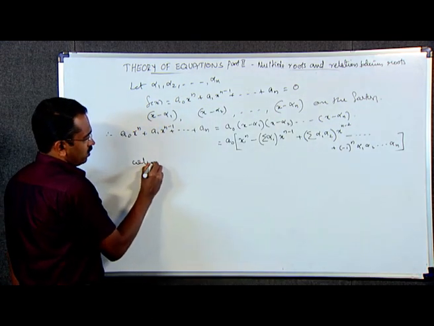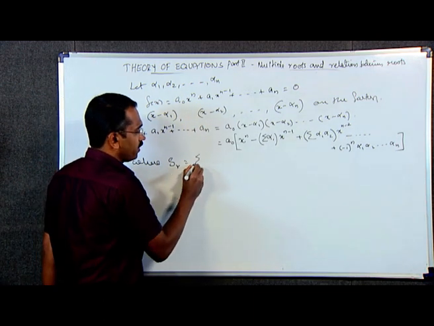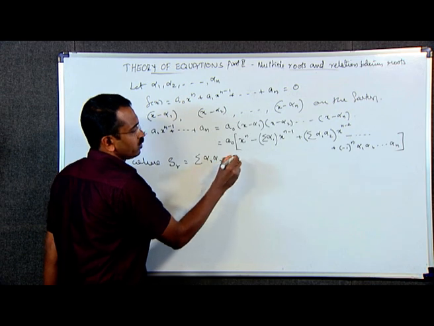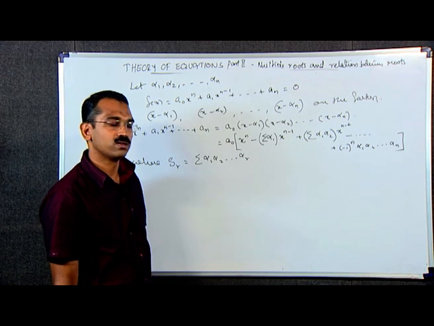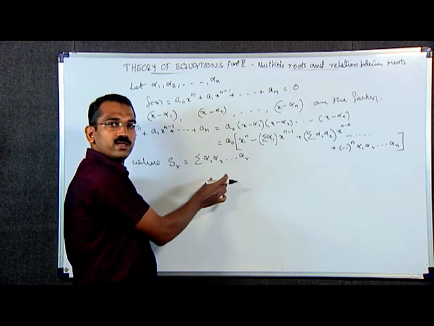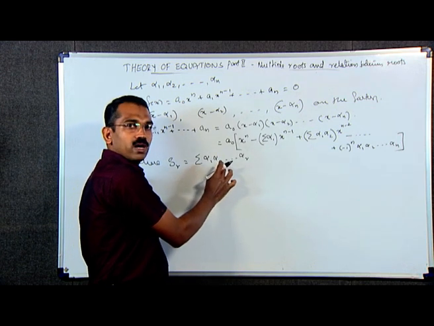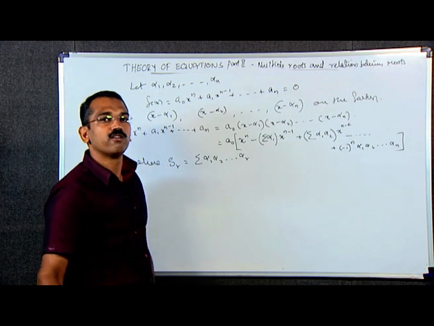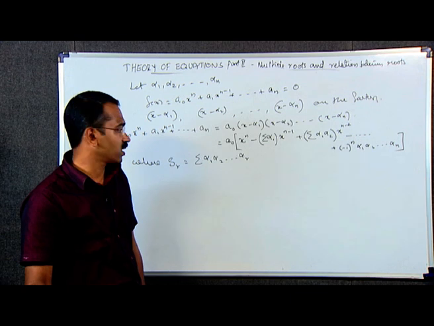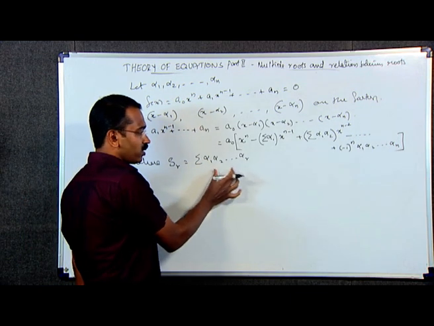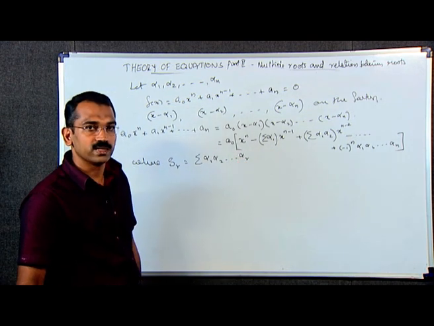Where we denote S r by summation alpha 1 into alpha 2 into etc. into alpha r, that is the sum of the products of the roots alpha 1, alpha 2, etc., alpha r taken r at a time.